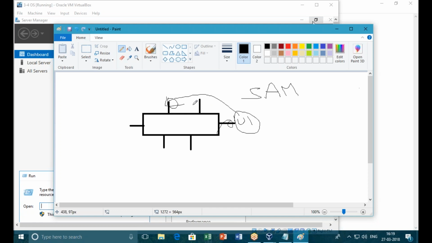This is the workgroup network. To maintain this workgroup network, I need a basic knowledge of networking: assigning IP addresses, checking connectivity, creating users, sharing files.